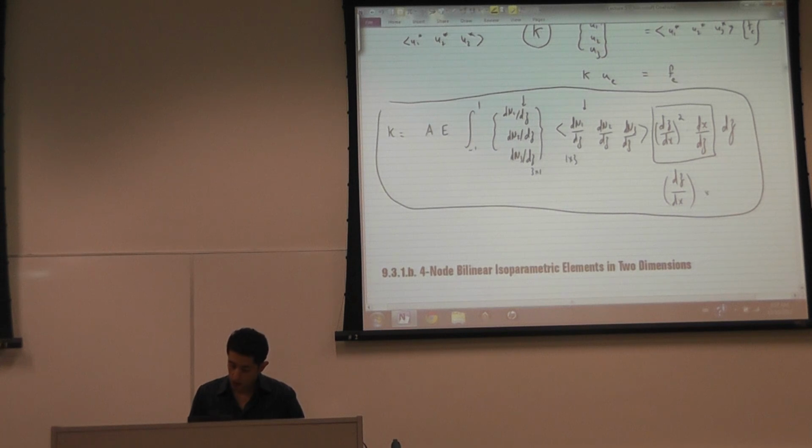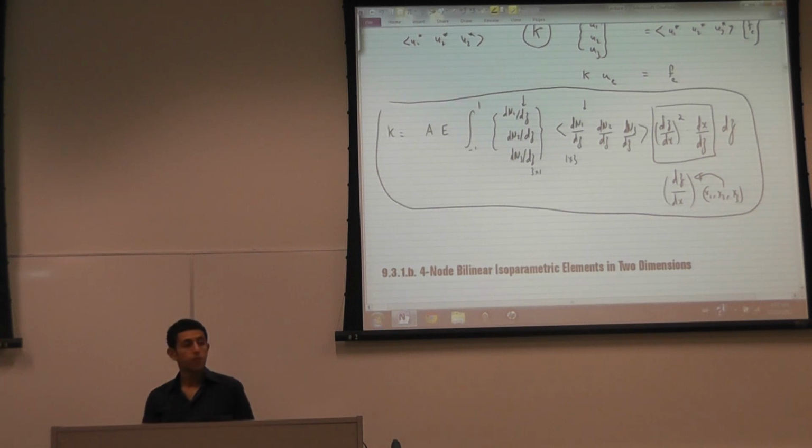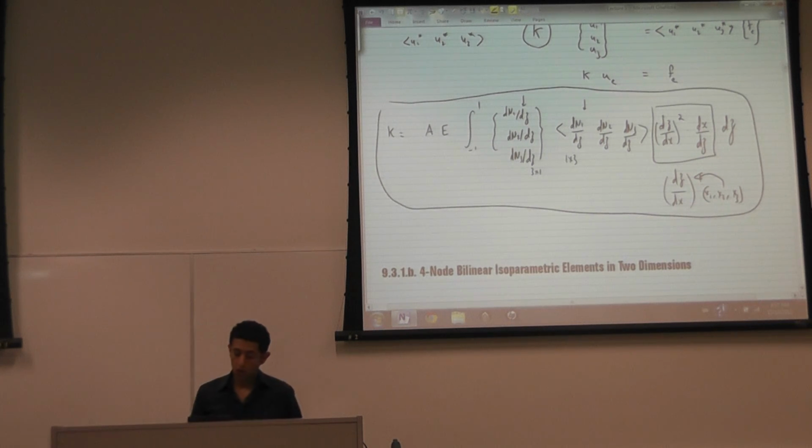And x1, x2, x3, I input them here, and then I do the integration. The integration is still a difficult issue. We have not discussed the integration, but that's what we will discuss at the end of today, how I will integrate from -1 to 1 this term.